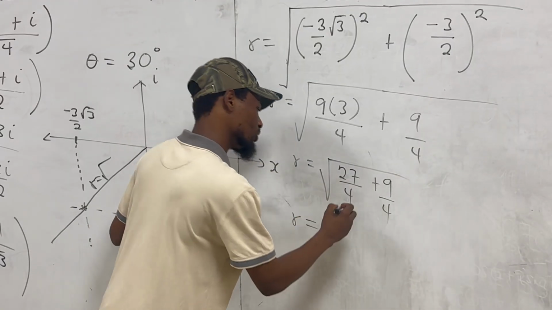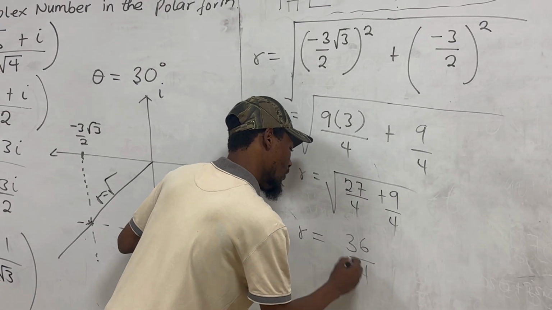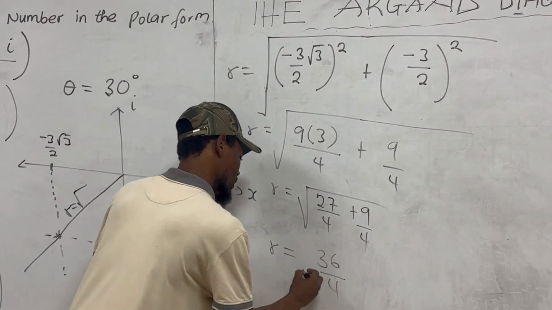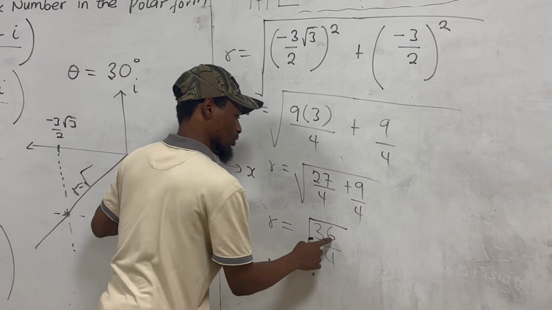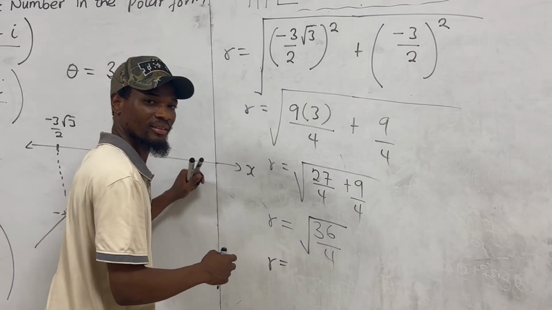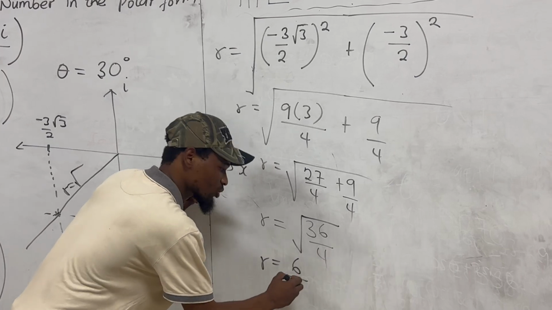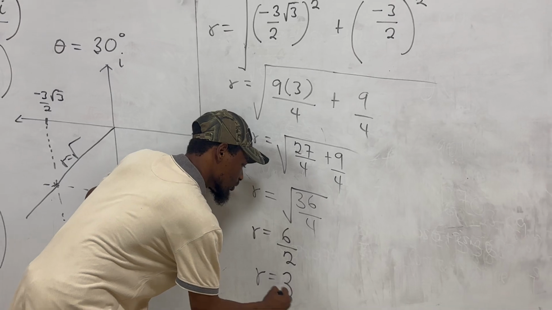So r is equal to 36 over 4. So r is equal to the square root of 36, which is 6, over square root of 4, which is 2. So r is equal to 3.